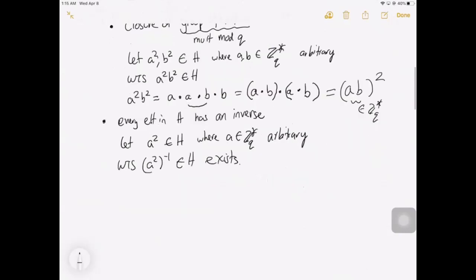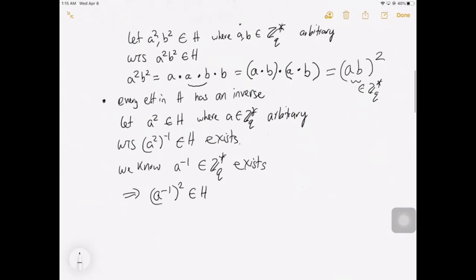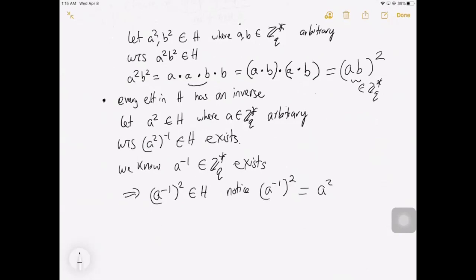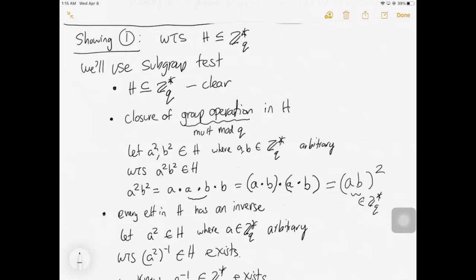So observe the following. We know that a inverse in Z star q exists, since Z star q is a group, so it should have inverses. This tells us that a inverse squared should be an element of H. And notice that a inverse squared is equal to a squared inverse. So we've managed to prove the three things that we needed in order to show that H is a subgroup of Z star q.